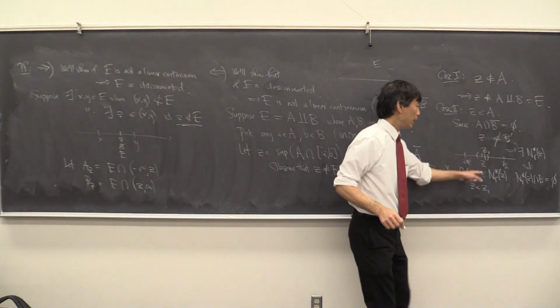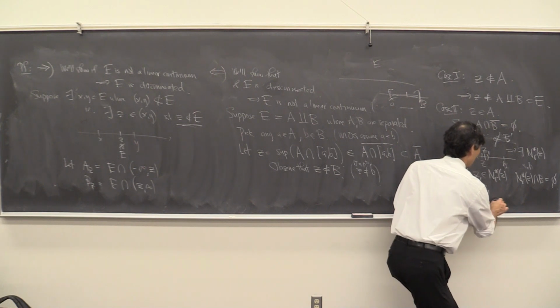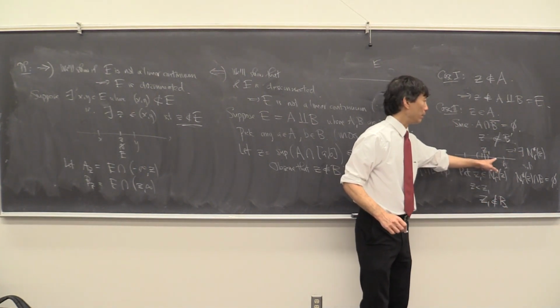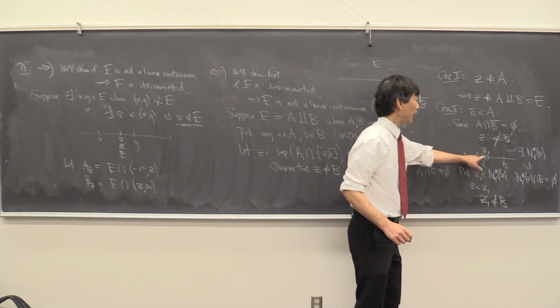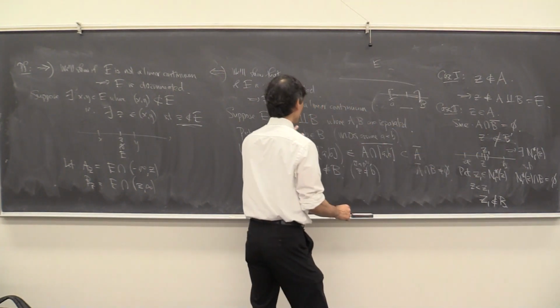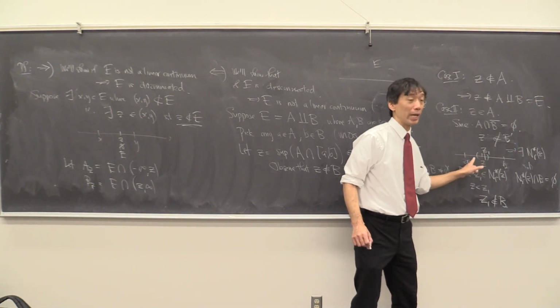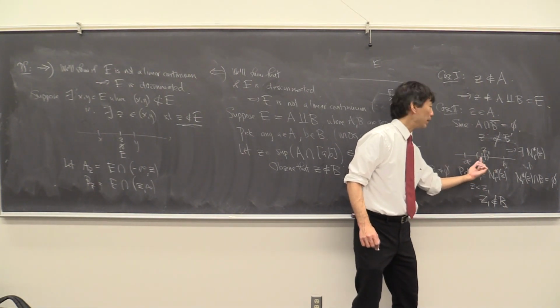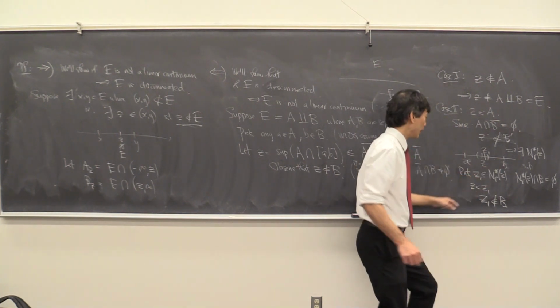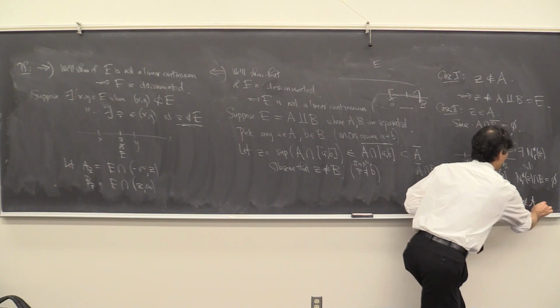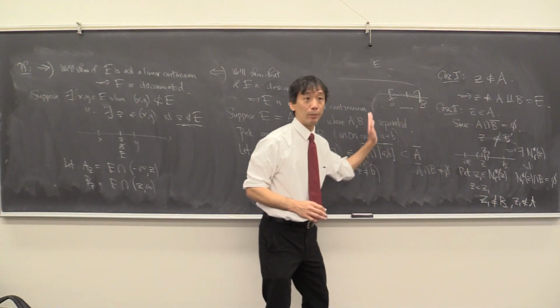Then this z1 is not in B. And z1 can't be in A because z was the supremum of everybody in A that's inside this interval, and z1 is bigger than that. So z1 is not in B and z1 is not in A. And again, we found the point that breaks the continuum.